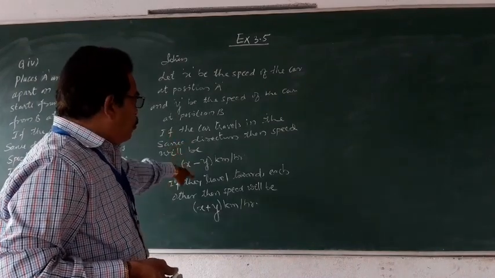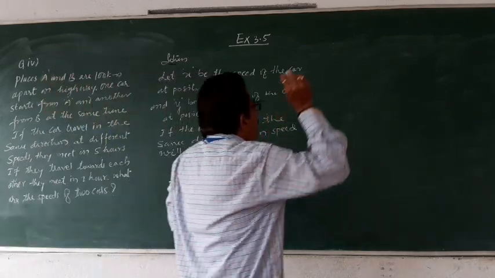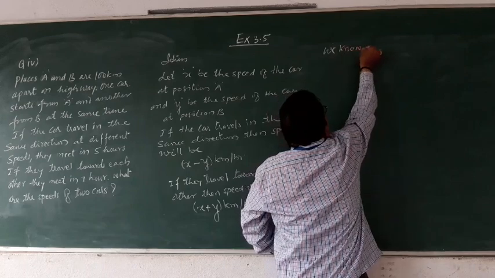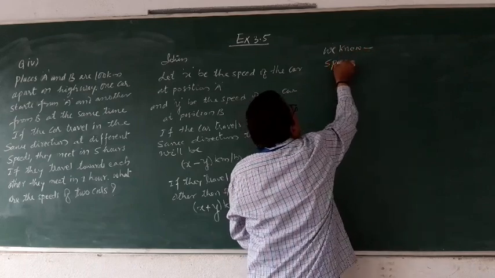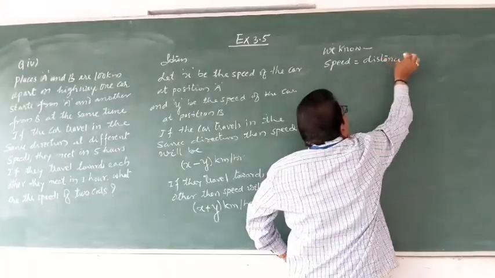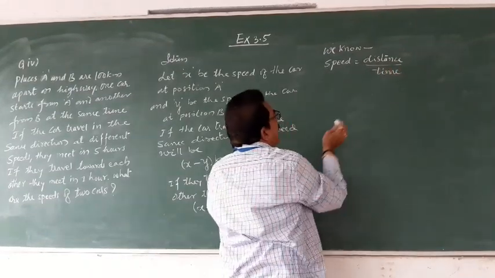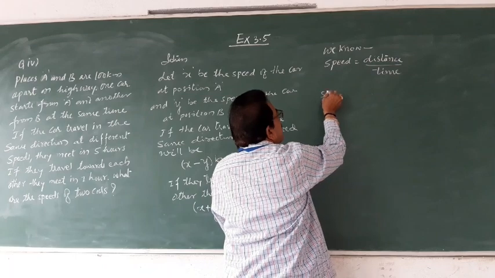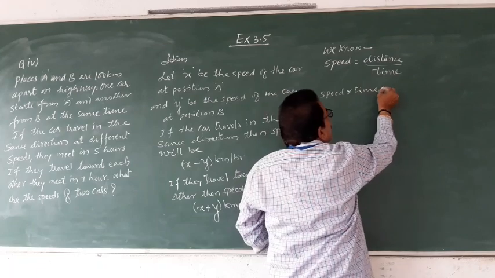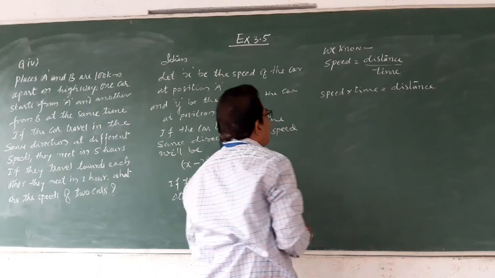Now we have to solve this problem on the basic concept of the speed formula, that is speed equals distance divided by time. Okay, now distance, speed into time equals distance.